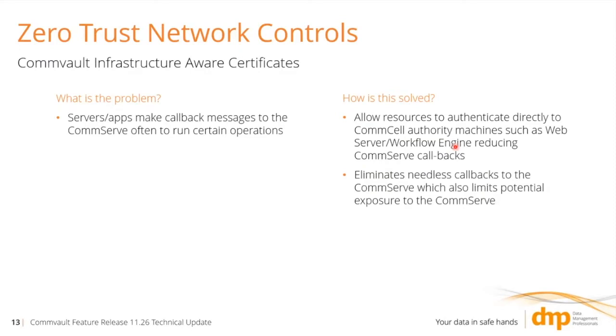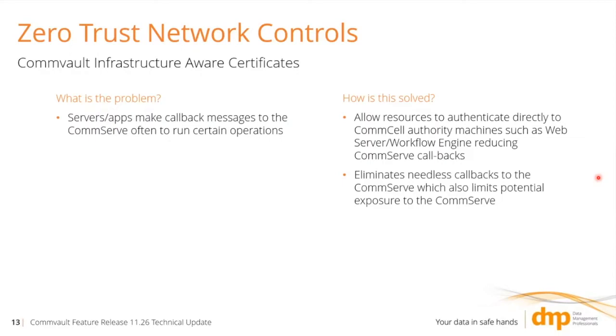Another update regarding the certificates is the Commvault infrastructure-aware certificates. The problem was that servers and applications make callback messages to the CommServe to run certain operations. That was always going to the CommServe itself. Now they have solved that to allow resources to authenticate directly to other authority machines within your CommCell environment, such as the web server and workflow engine.